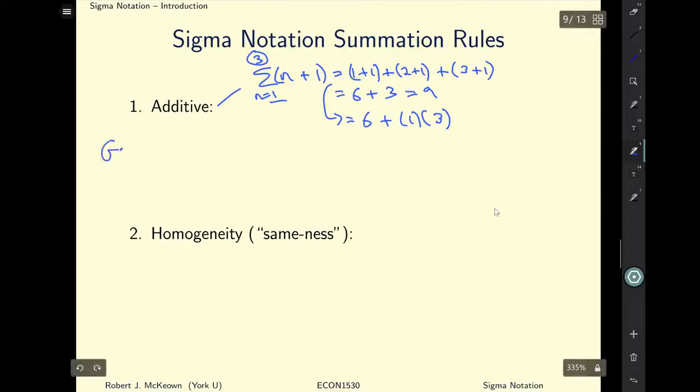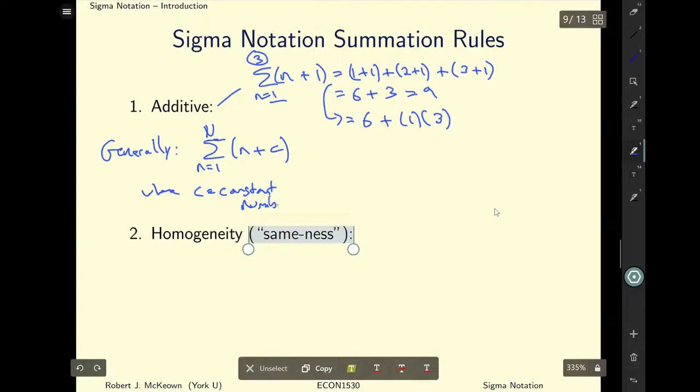Now generally, if we have the sum of little n equals 1 to big N, n plus c, where c is equal to a constant number, right? It's a constant number.